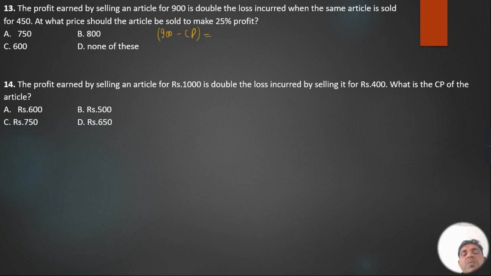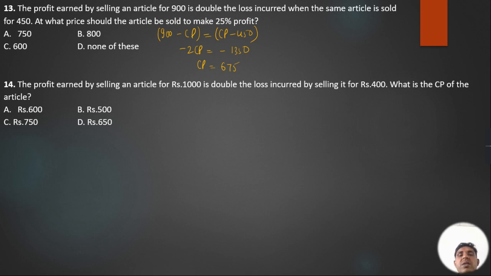This is the profit, and this profit is equal to the loss when selling price is 450, that means 450 minus CP. Solving this, minus 2 CP is equal to minus 1350, and further for CP, cost price is equal to 675.